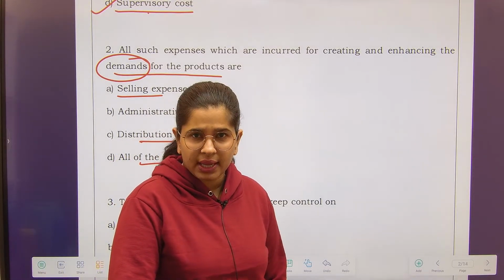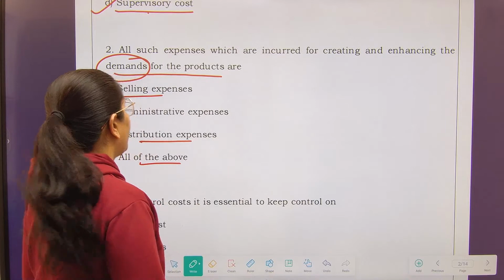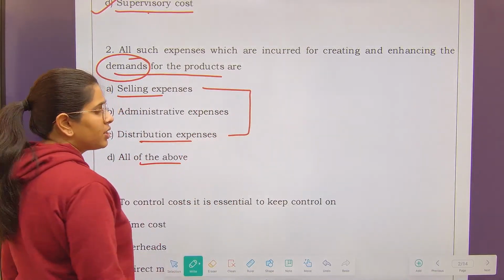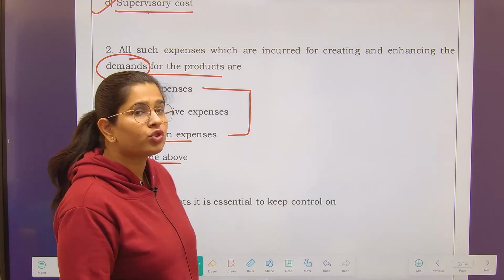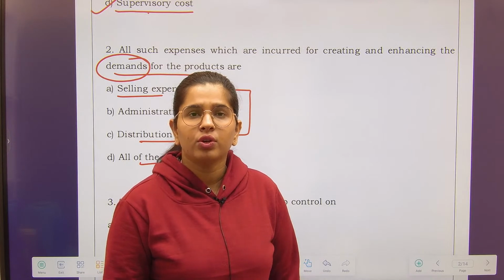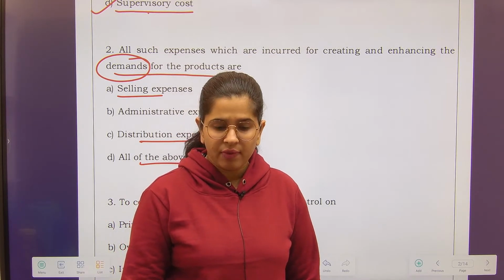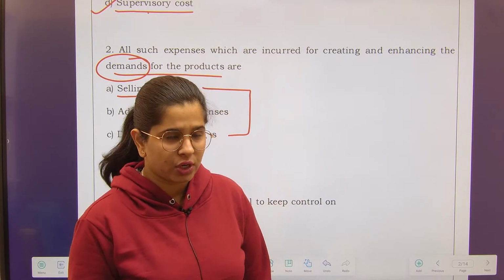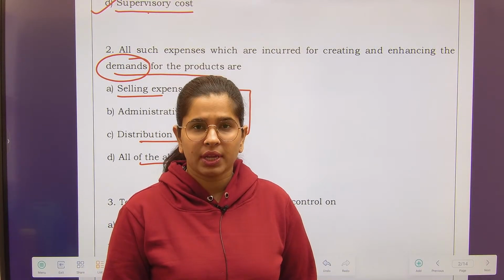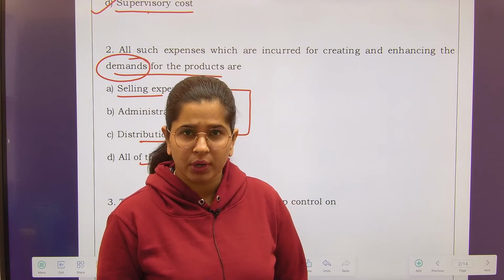But that is not the case. If along with selling your distribution channels are not so good, that means you are not taking your product to the nooks and corners of the country where you will be able to sell your particular product, then in that scenario you will not be able to create enough demand for your product.